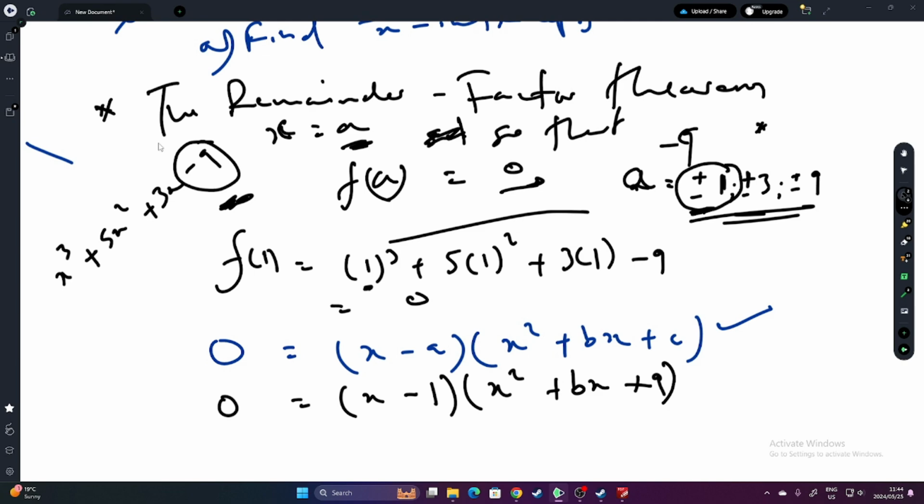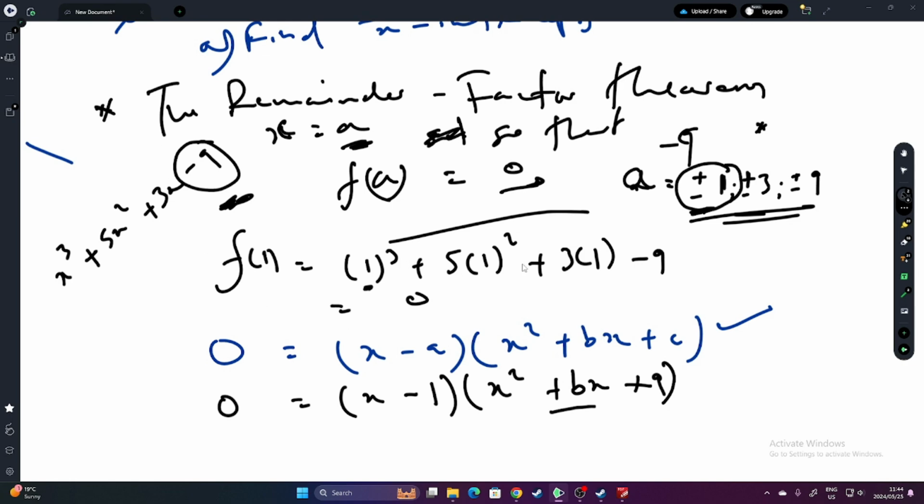So far so good. I've got everything except just this b, and once I get the value of b, then I'm good to go. Then I'm going to be able to factorize the second bracket, which is a trinomial, into 2 more brackets like how we normally factorize, and we've got our 3 factors, our 3 x-intercepts.